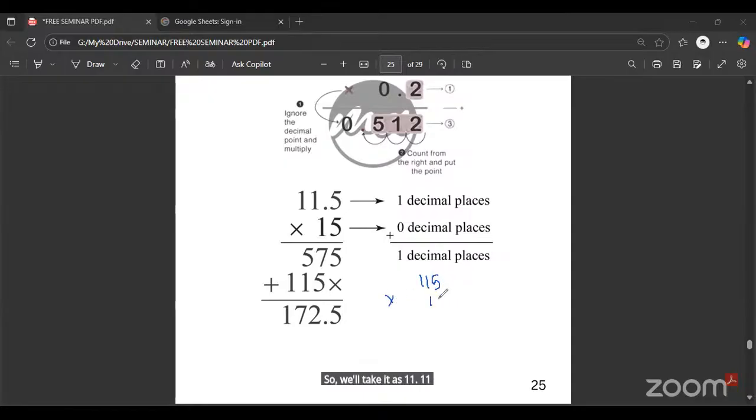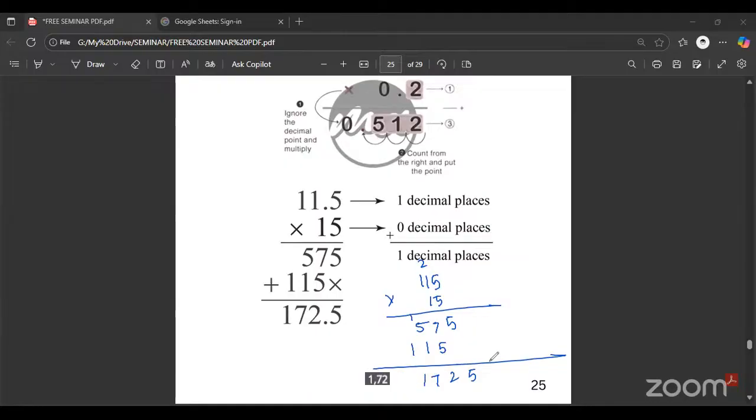1115 into 15. 5 into 5 is 25. You put the 2 here. 1 into 5 is 5. 5 plus 2 is 7. 1 into 5 is 5. Here 1 into 5 is 5. 1 into 1 is 1. 1 into 1 is 1. When you add them, it's 16,725.